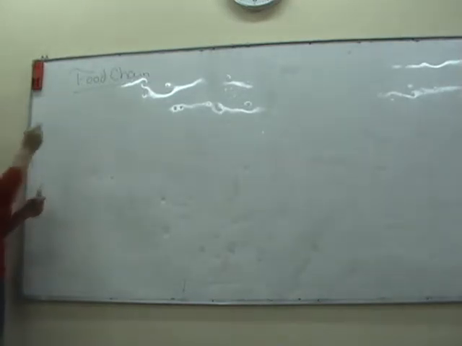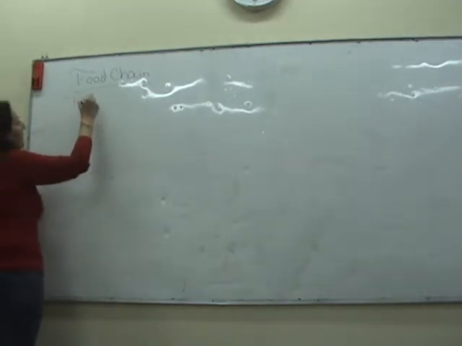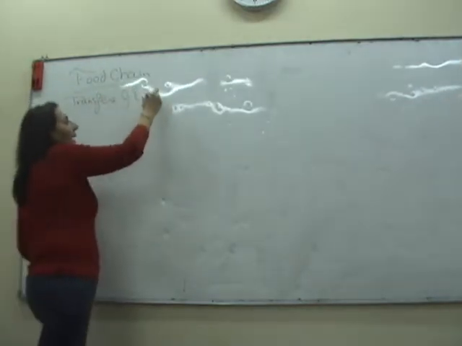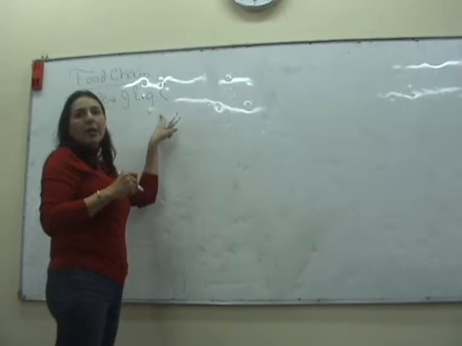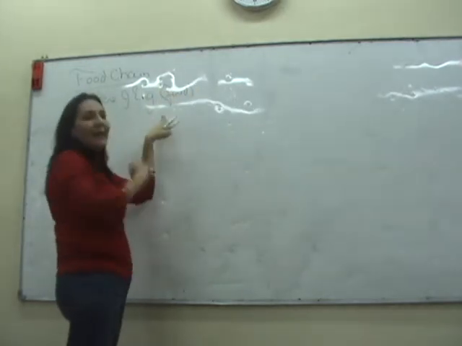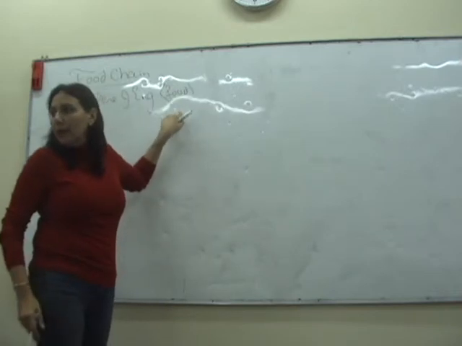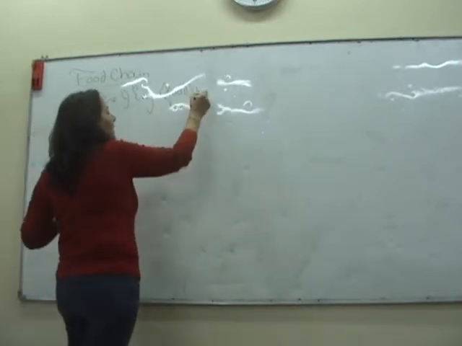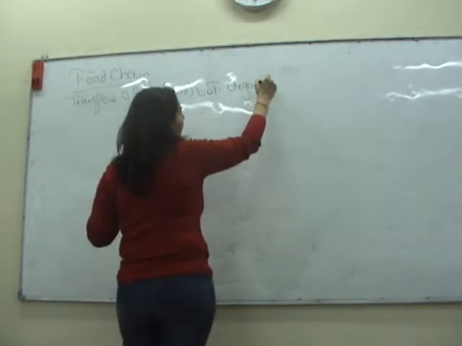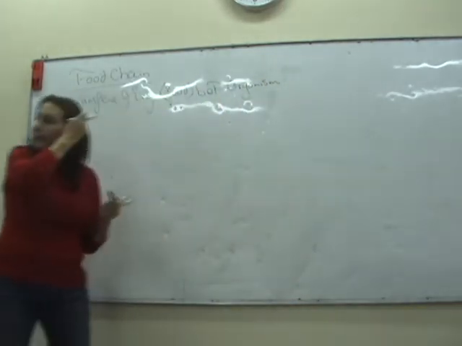The food chain is the transfer of energy, and when I say energy, I mean food. That's the energy that's being transferred. So it's the transfer of energy between organisms in a certain ecosystem.